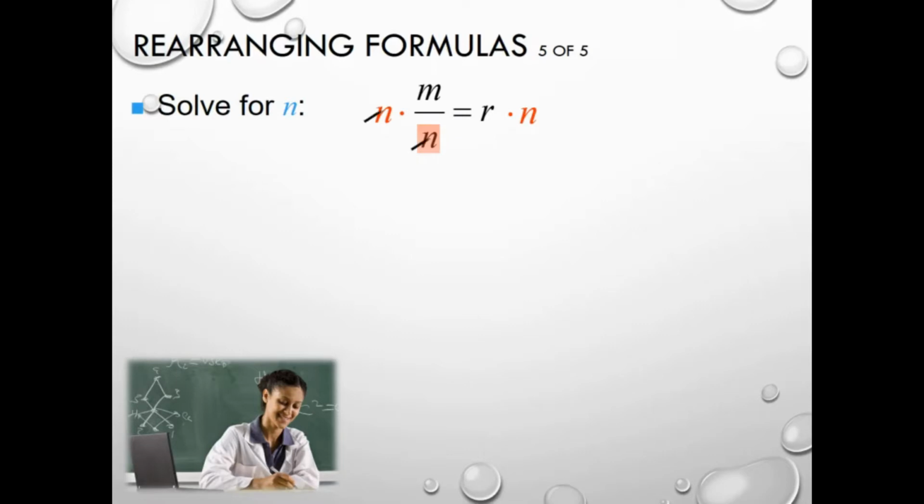Dividing both sides by n cancels out the rational expression on the left and puts our variable on the right side. To undo multiplication that's occurring on the variable n, we'll divide both sides by r, giving us a solution of n equal to m over r.